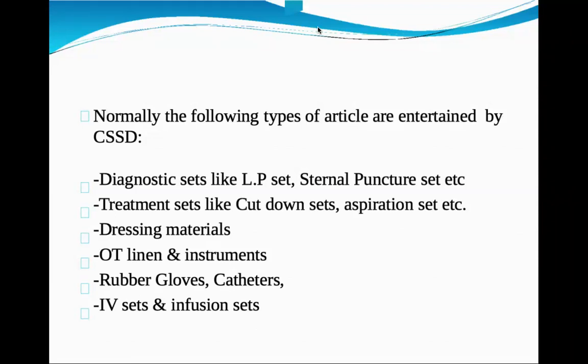These materials have to be sterilized according to various methods of sterilization, which we'll learn in the next slides. Rubber, IV sets and clothing each need a different sterilizer, so different types of sterilizer are used for different types of materials.